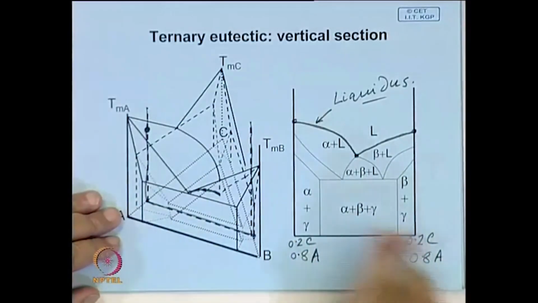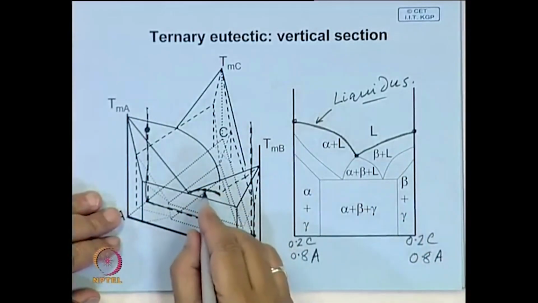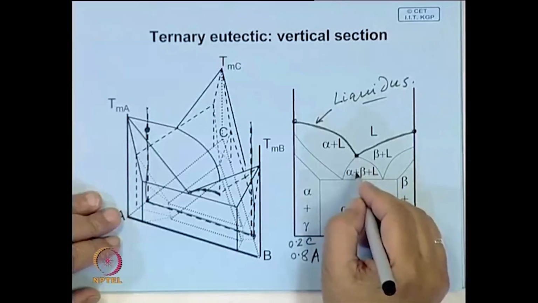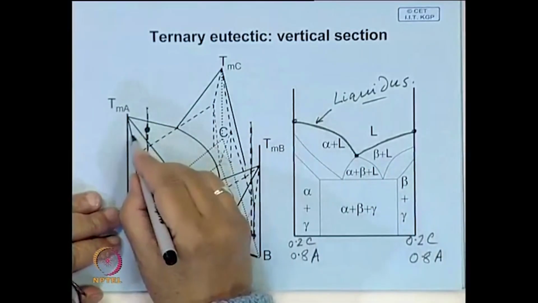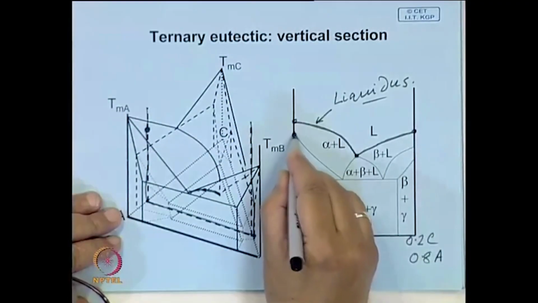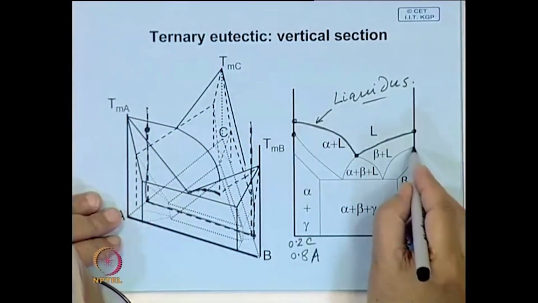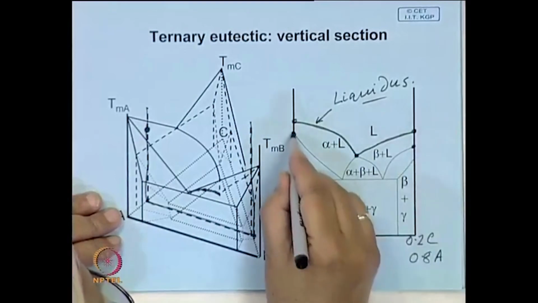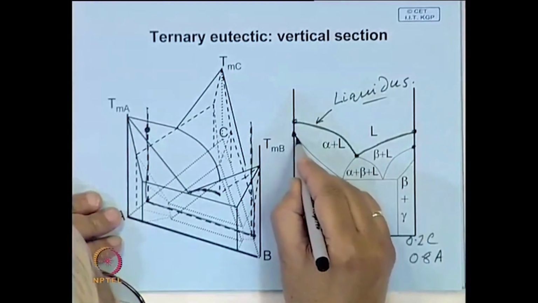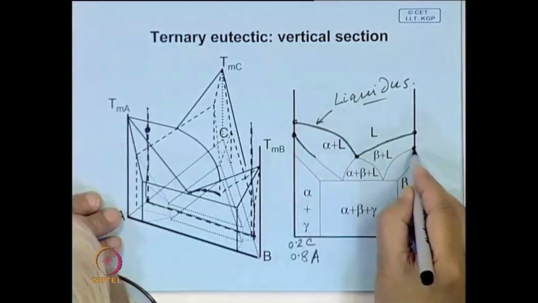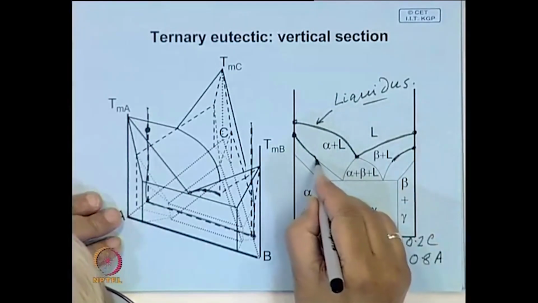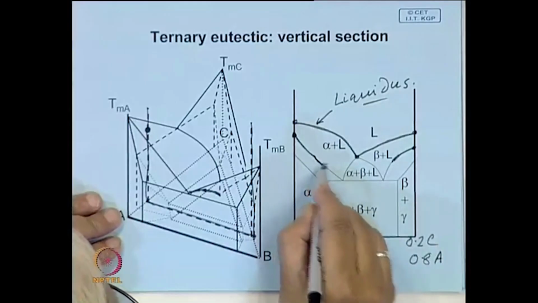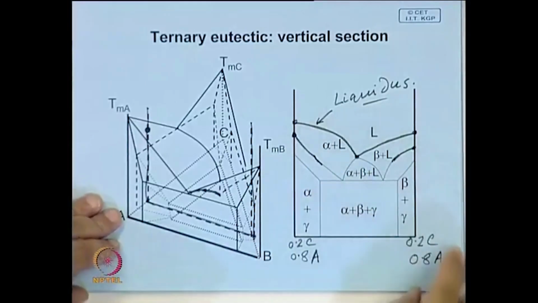Now, to understand what will happen beneath this temperature region, obviously there will also be a temperature here where it will intersect the solidus, and this will be the curve which follows the intersection with the solidus surface.